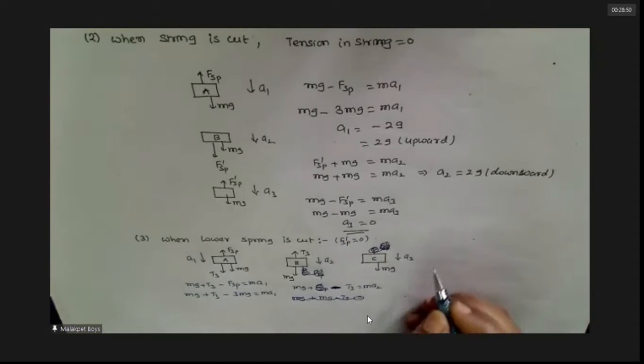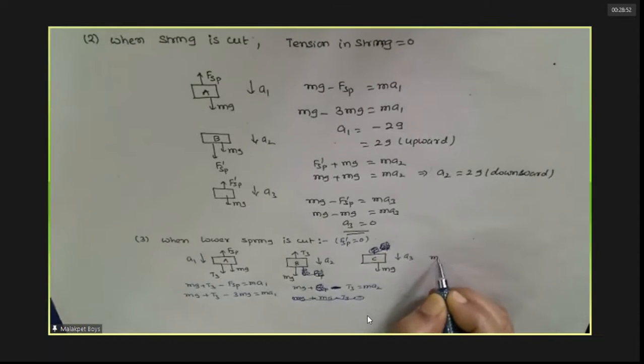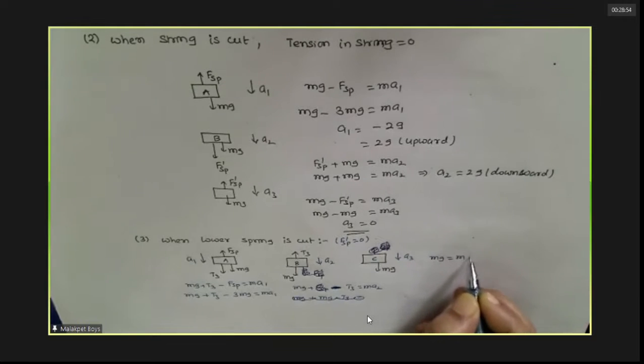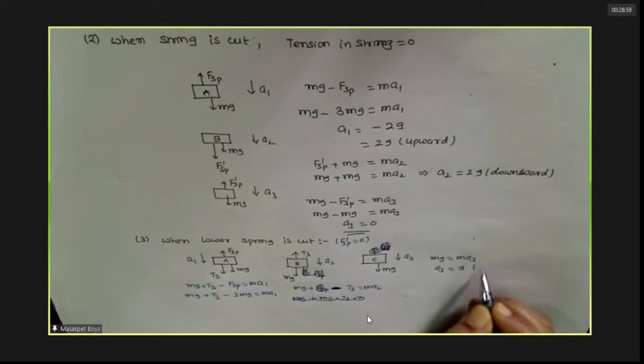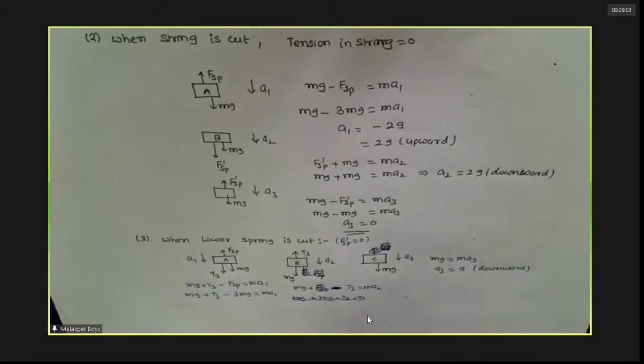So here mg equals ma3, a3 equals g. That means downward. So here you should get T1. Understood this or not?